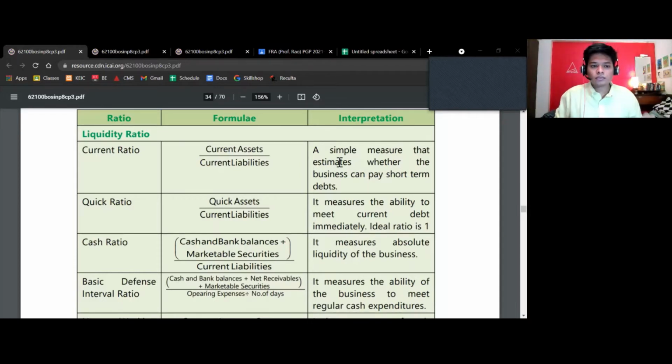Okay. Quick ratio. As we move down towards the quick ratio and cash ratio, it will become more and more liquid. What liquidity means is that, let's say you have a fixed deposit of 5 years in the bank; that fixed deposit is not liquid because it can only be taken out of the bank after 5 years.